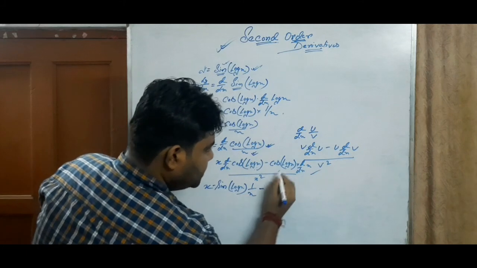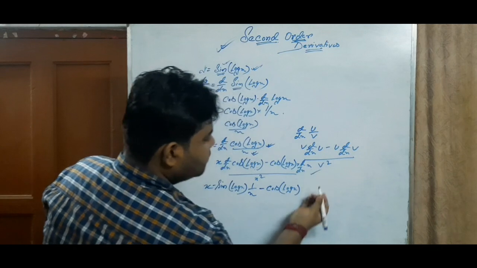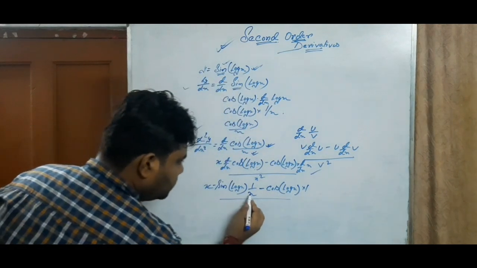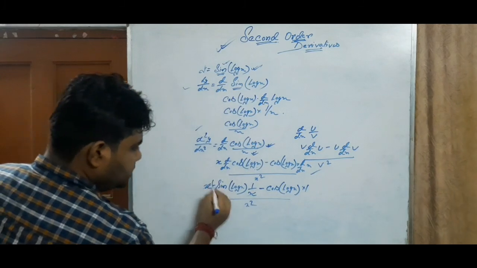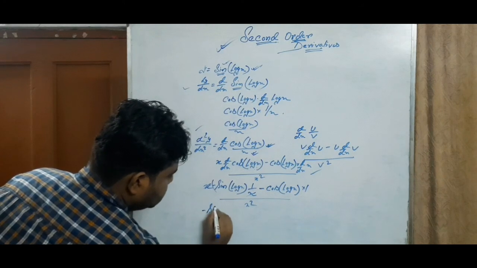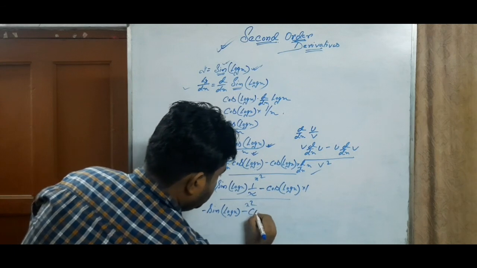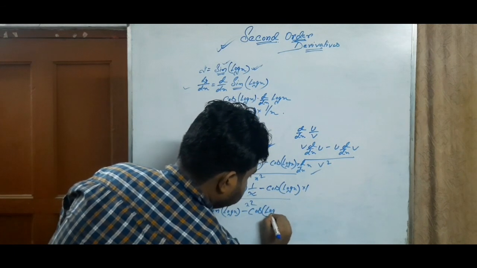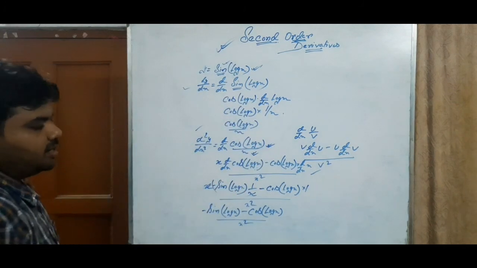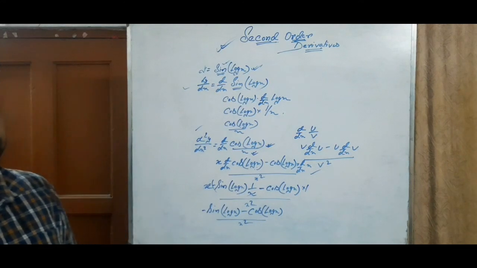Minus cos of log x into d dx of x means 1 by x square. Now we can cancel out this x and x. Now that is minus sin of log x minus cos of log x by x square. So we can take minus sin as common. It will be sin log x plus cos log x by x square.